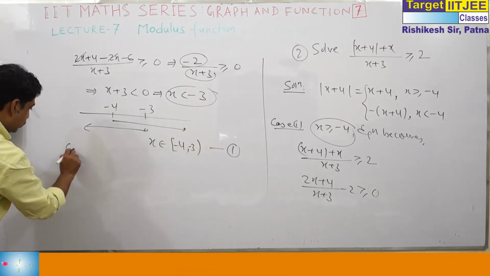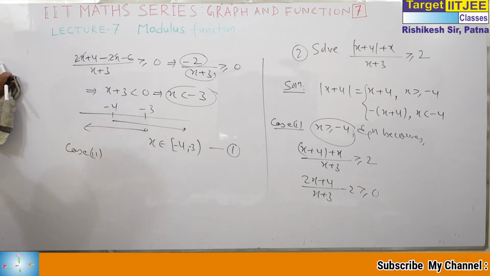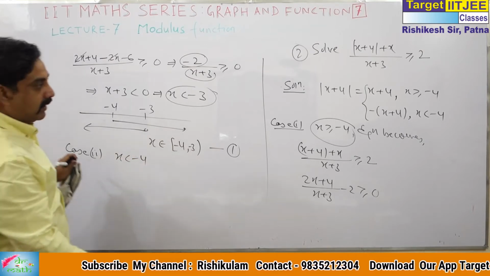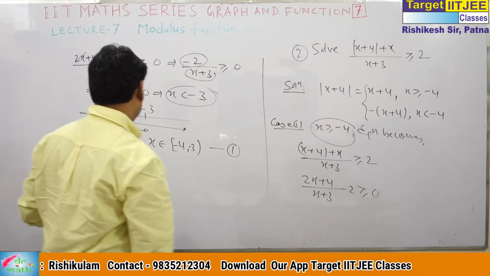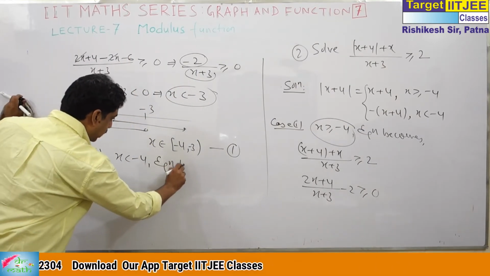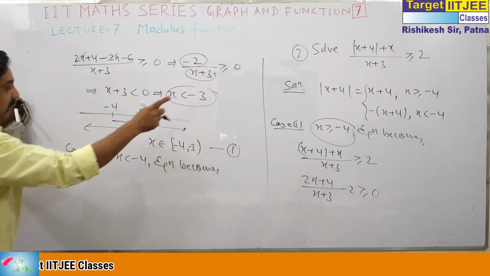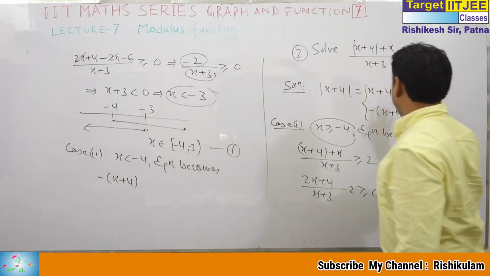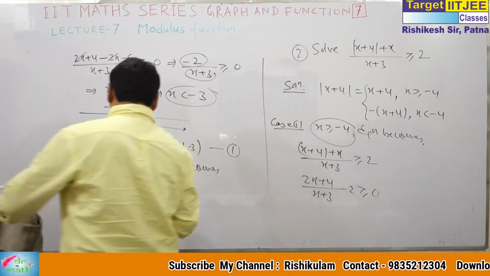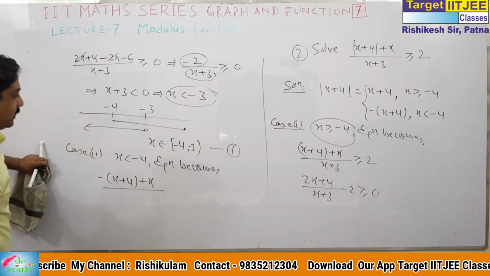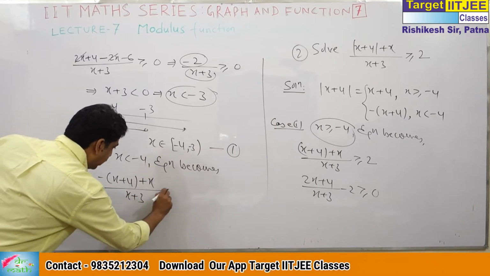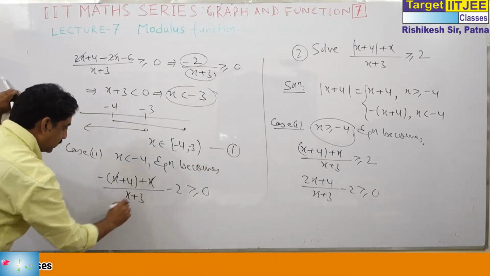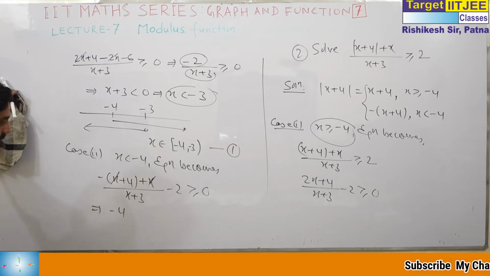Now come to case 2, when x is less than minus 4. How do we replace the modulus? The equation becomes minus (x + 4) + x/(x + 3) ≥ 2, and let me shift 2 to the left. The x terms cancel, leaving minus 4.